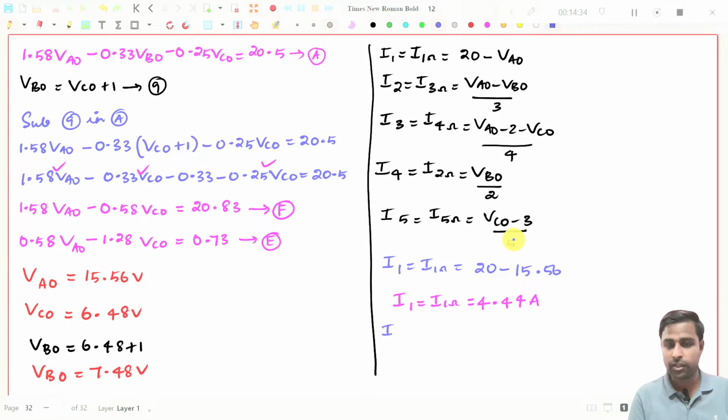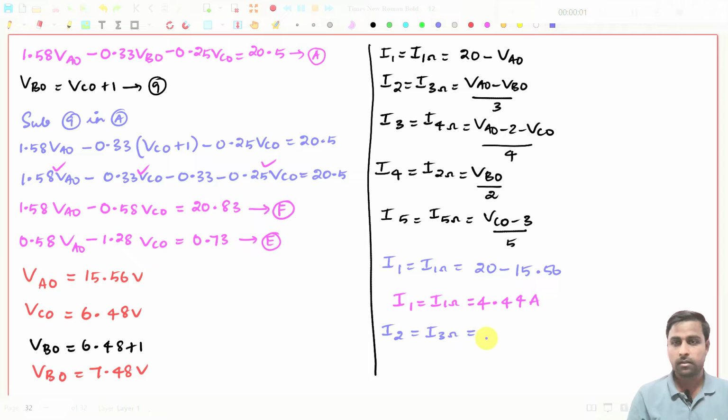Then what we can do? We need to find I2, that is nothing but I through 3 ohms resistor. Then what is that? That will be VAO minus VBO by 3, right? What is VAO? It is 15.56 minus VBO, that is 7.48, divided by 3.